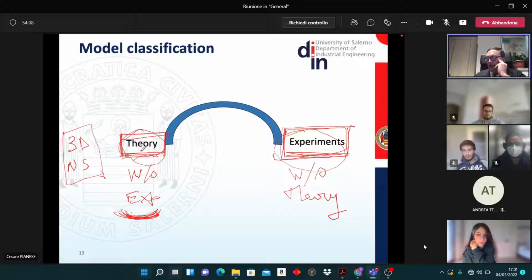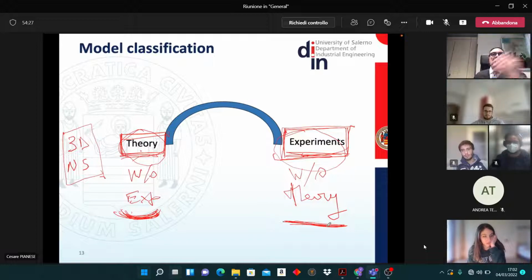Most likely it happens that your colleague from electronic engineering, or a computer science engineer, says: I have a lot of data, I need the model, I can do the model in a very simple way.